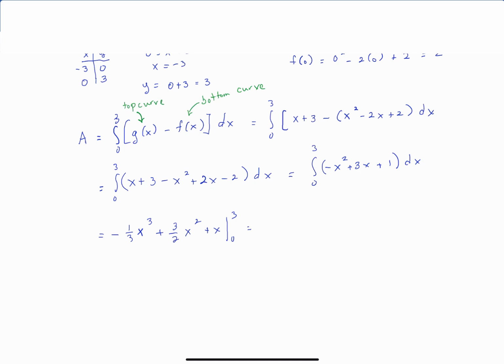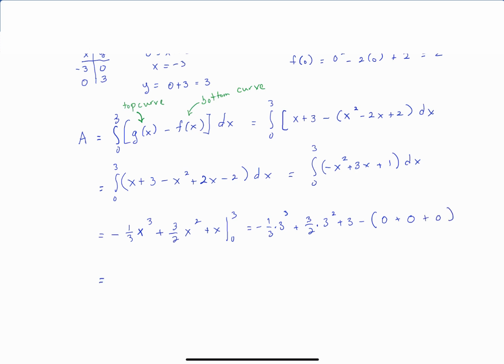So plugging in the 3, we have minus 1/3 times 3 cubed plus 3/2 times 3 squared plus 3, and plugging in the 0, we have, well, minus 1/3 times 0 cubed is going to be 0, 3/2 times 0 squared is going to be 0, and plus a 0.